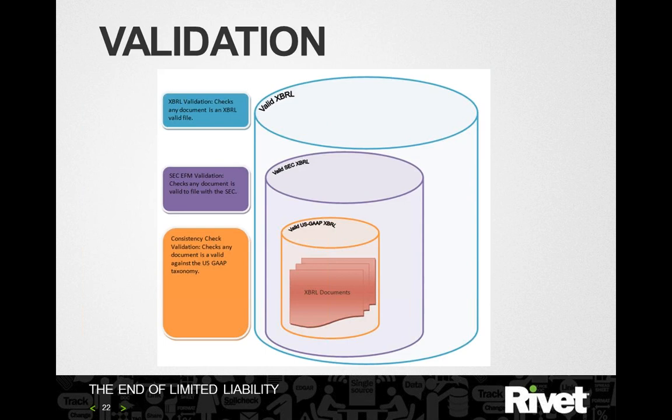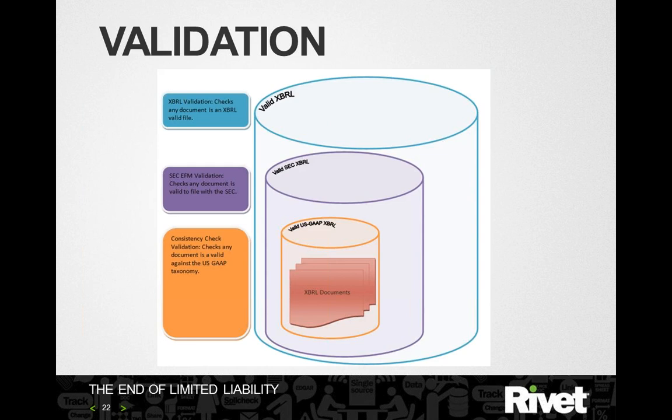The XBRL spec validation applies to any XBRL document no matter what it's filed for. The EFM validation, which is in the purple, applies to US GAAP filings, but it also applies to filings for mutual funds, and it will also apply for the resource filings that are required as well.